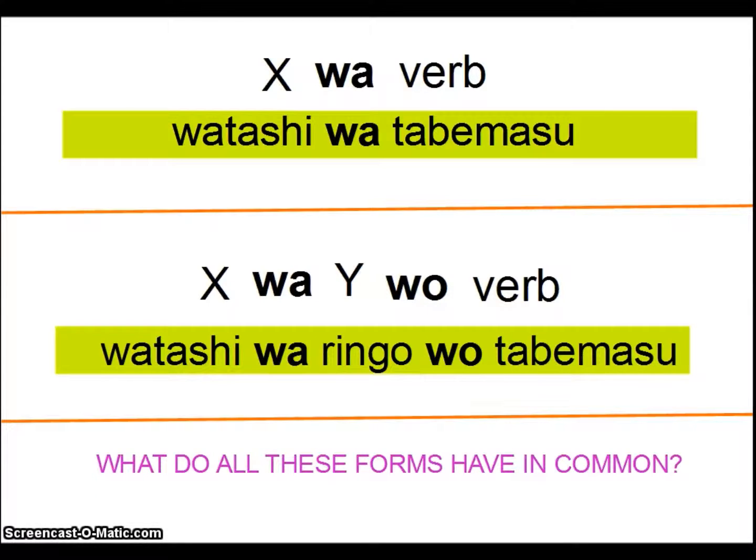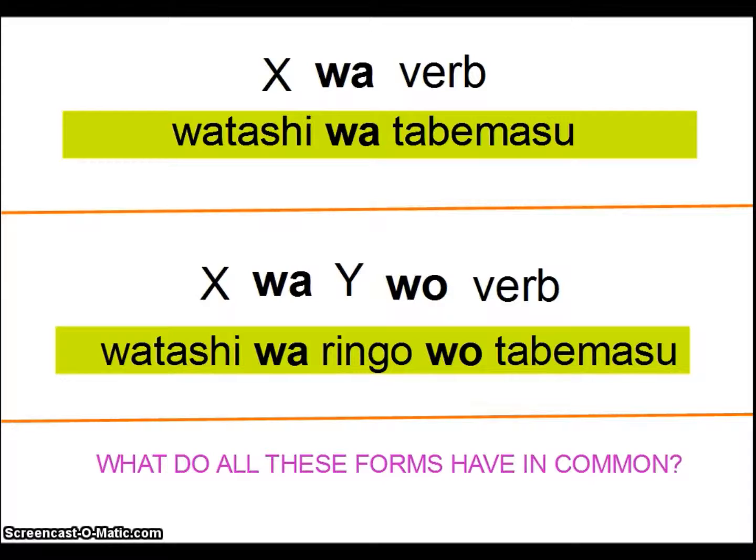Looking back at all of them, you'll notice that they all start with X wa. And that is going to usually, almost always, be the case. You always start with something wa.